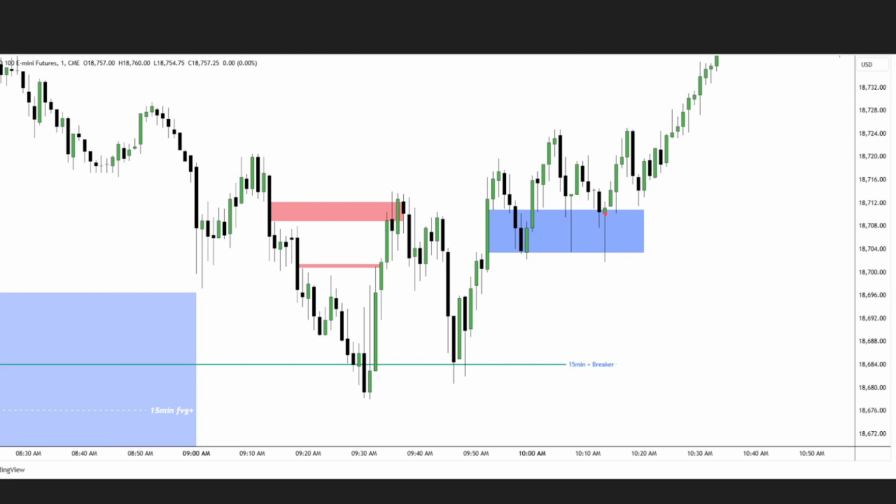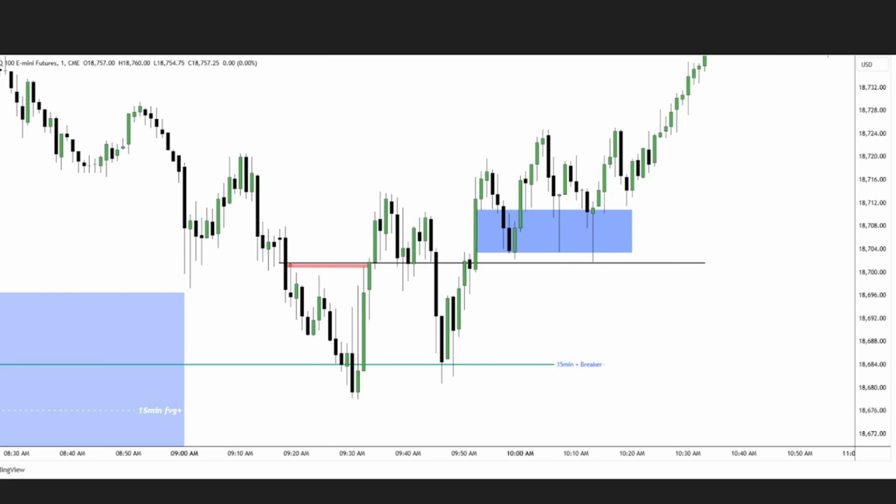Now notice this candle over here that we wicked down just past this gap in here, and its low almost to the tick taps this change in the state of delivery gap, and then we're off to the races, right?